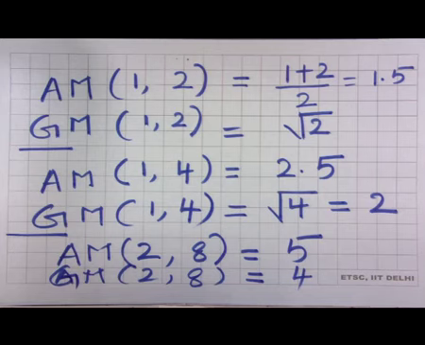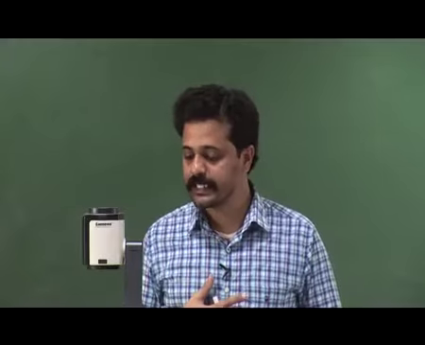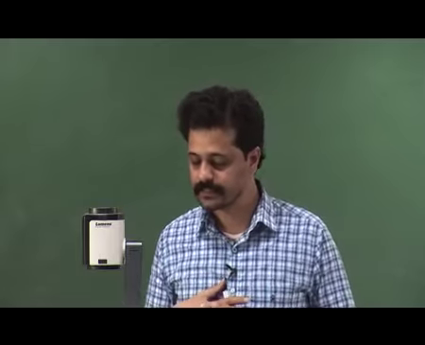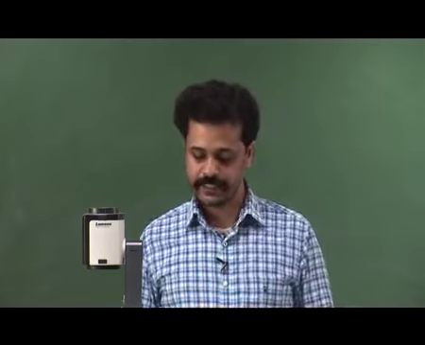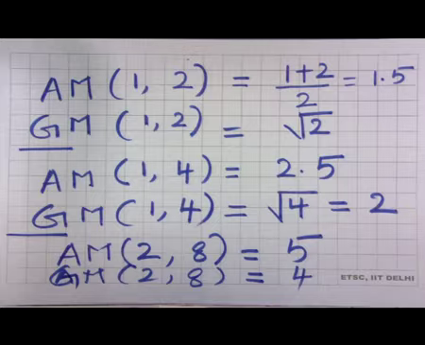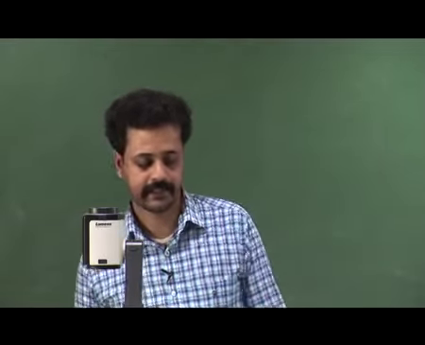In these cases, strictly greater than. Can we generalize this inequality? That is, is it true that arithmetic mean between two positive real numbers is always greater than or equal to geometric mean? We shall settle this question next.